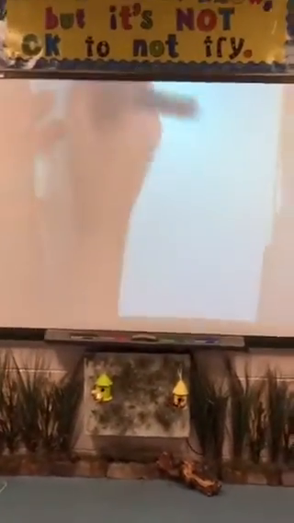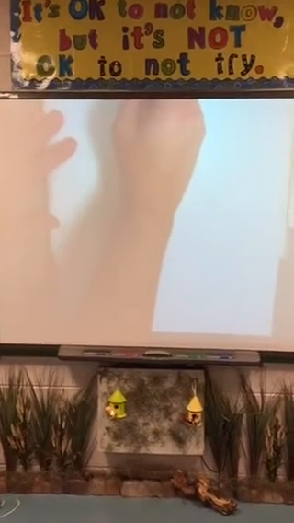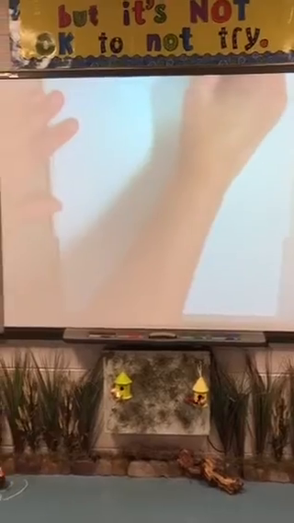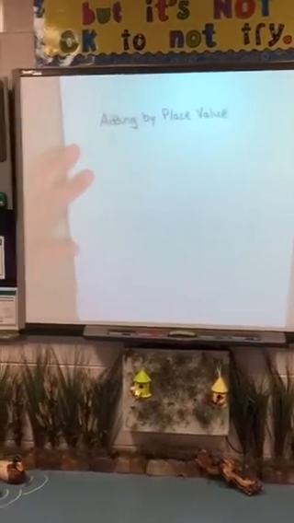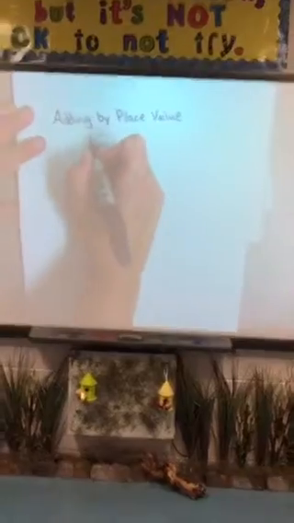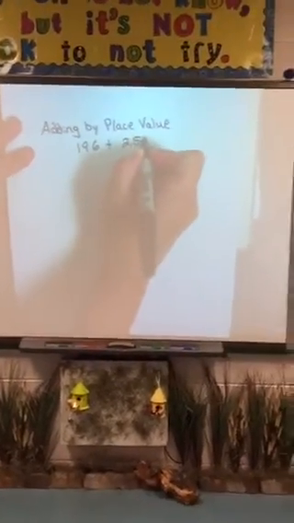All right. Another strategy I want to show you is adding by place value. This one is my favorite strategy because it allows them to do their trades as they're working it out. So 196 plus 257.